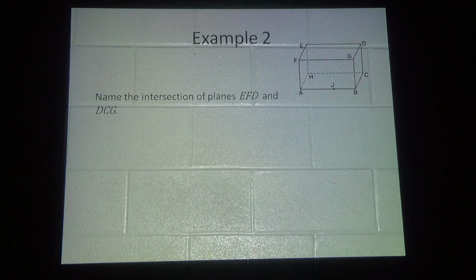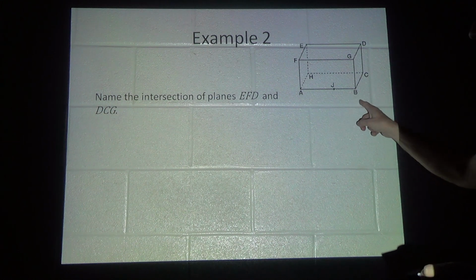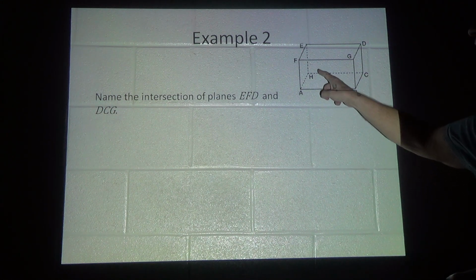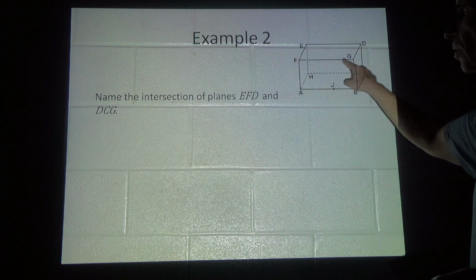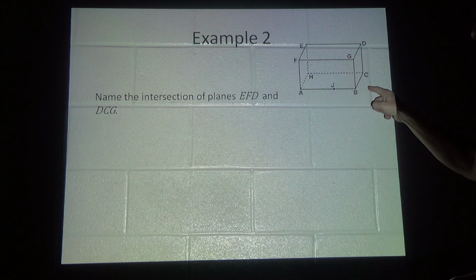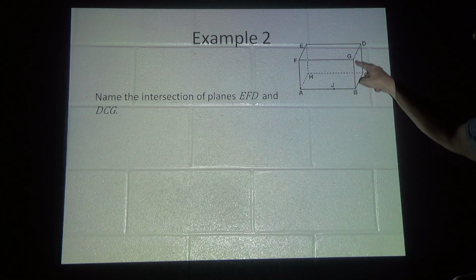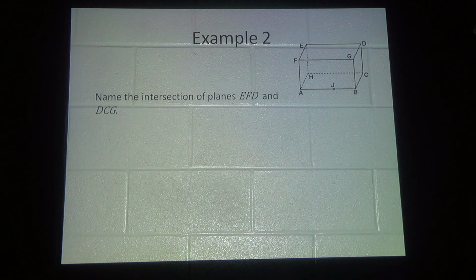Example 2. Name the intersection of planes EFD and DCG. EFD is this plane across the top, and plane DCG is this plane right here on the side. So the intersection of this plane and this plane is this line right here, which is line GD.